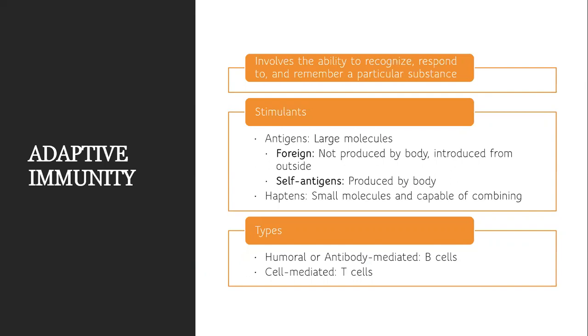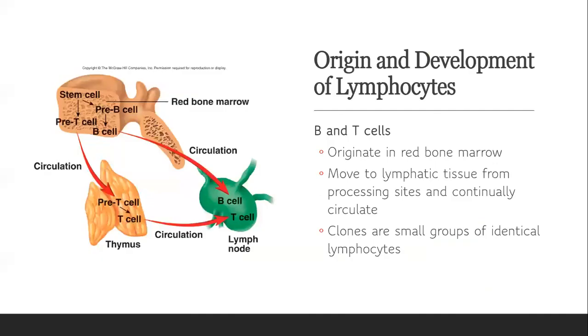So there are two types of adaptive immunity. We have the humoral immunity and cell-mediated immunity. So when we say humoral, it is the B cells that acts upon the immunity, while in cell-mediated, it is acted upon by our T cells.